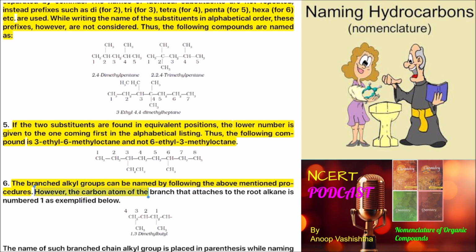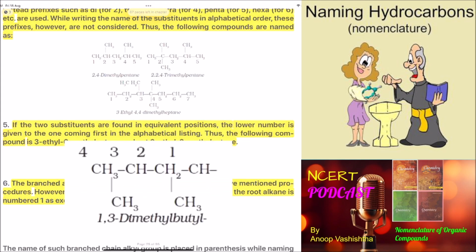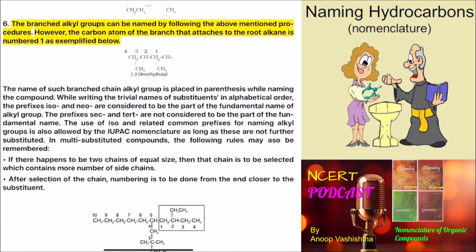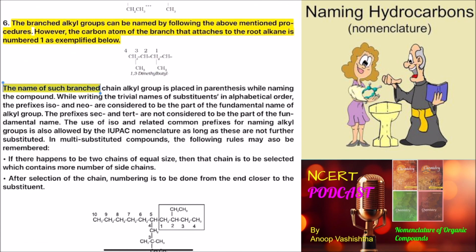However, the carbon atom of the branch that attaches to the root alkane is numbered 1 as exemplified below: 1,3-dimethylbutyl. The name of such branch chain alkyl group is placed in parentheses while naming the compound.